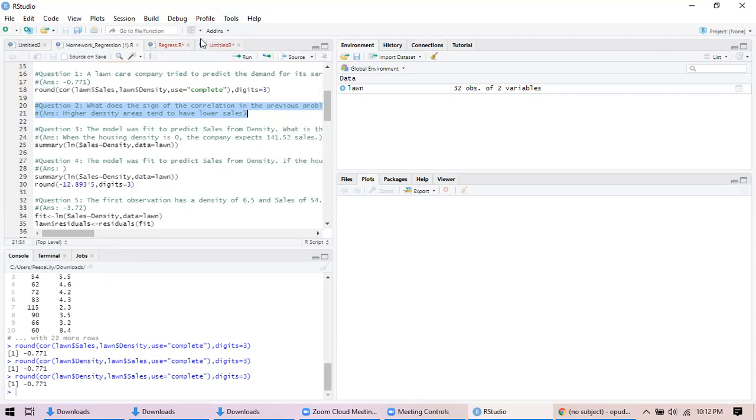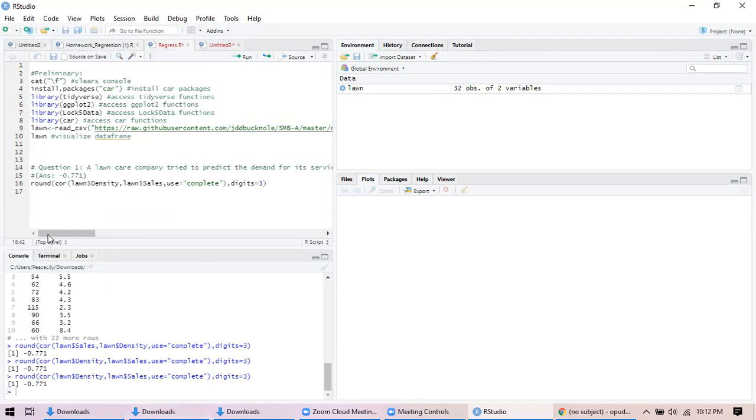This one is pretty much just looking at and interpreting. We just have to interpret what question one is saying. Is this more effective, if you type it, or is it better if you just copy it? I think copy and paste is better. Okay, all right, we'll do that.